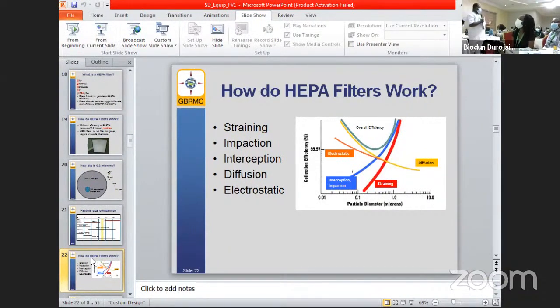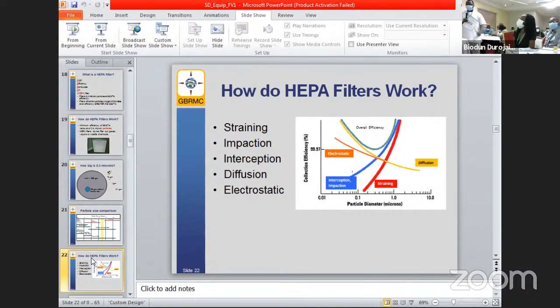That is, it operates like a sieve. Are you with me? Every sieve has its mesh size. So the sieve will hold down any particulate matter that is bigger than it. In this case, that of the HEPA filter is 0.3 micron.